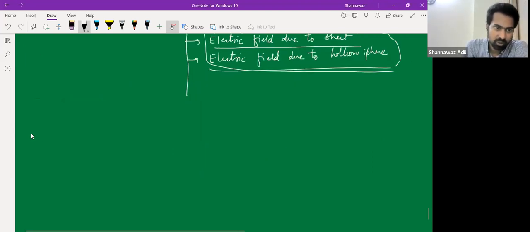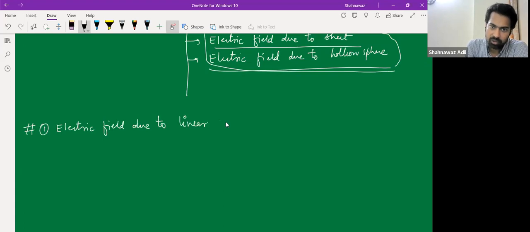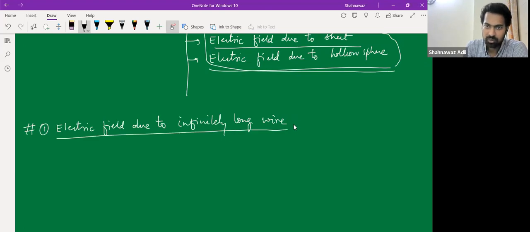So, okay, so the electric field due to linear or infinitely long wire. Okay.